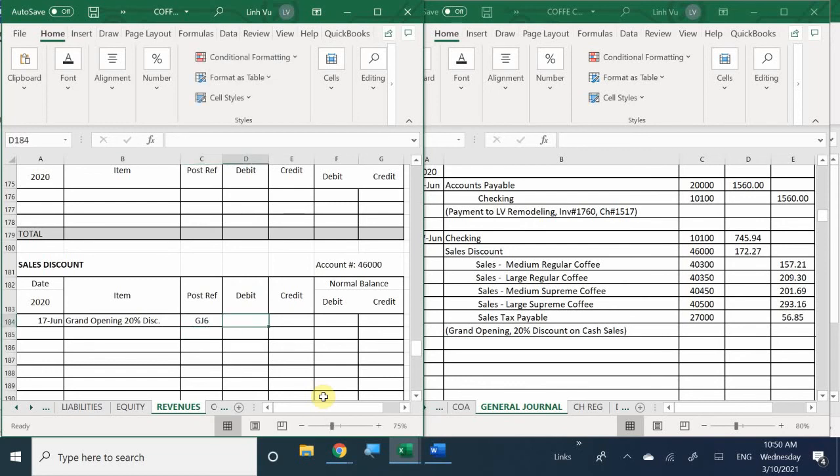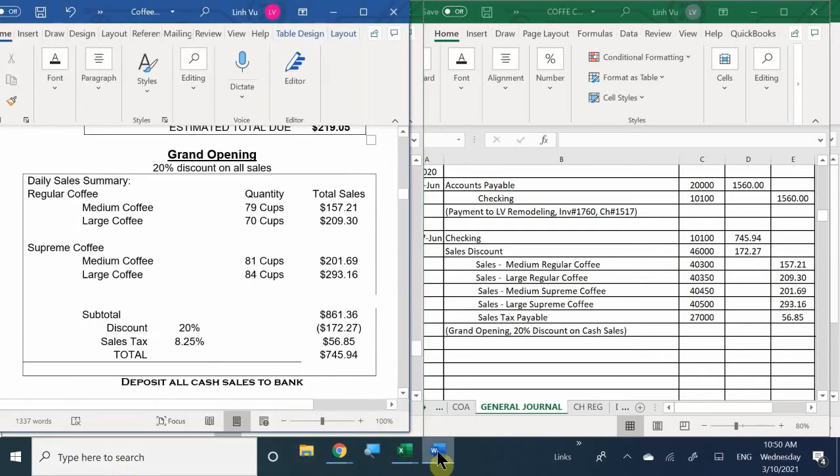And for how much was my discount? $172.27. And again, it's a contra account to your sales, right? Because if you didn't have this discount, you would have the full sales of $861.